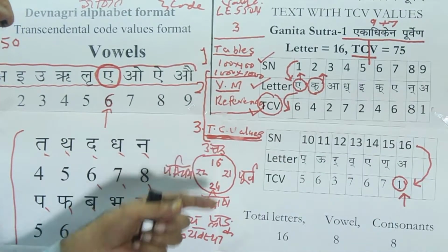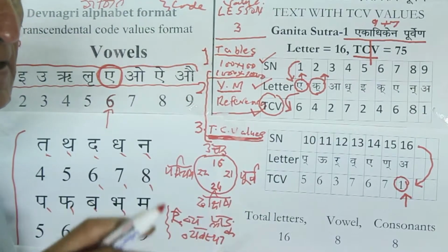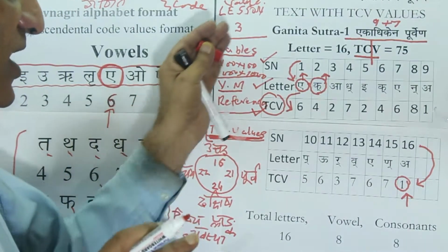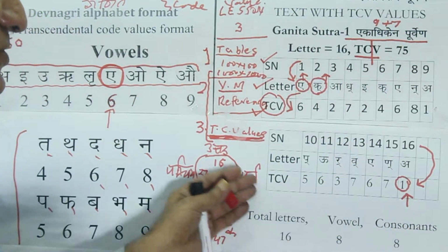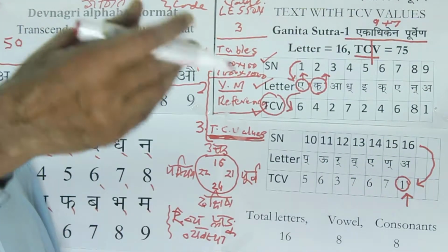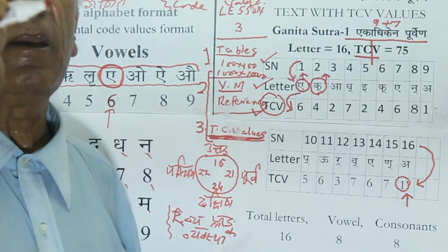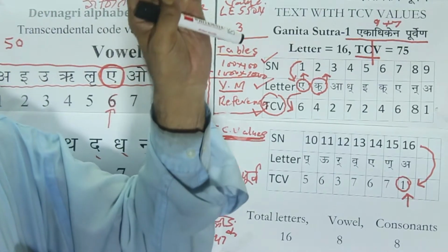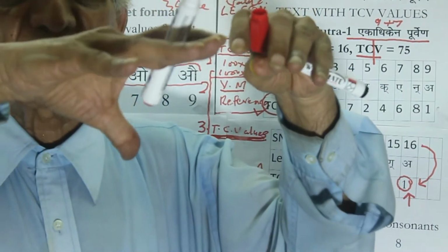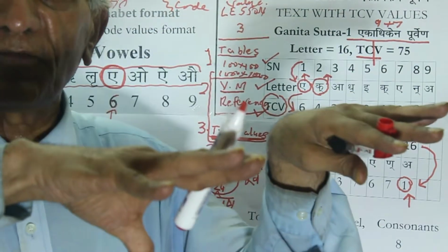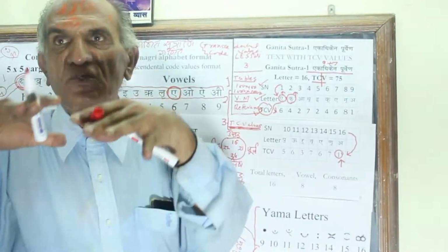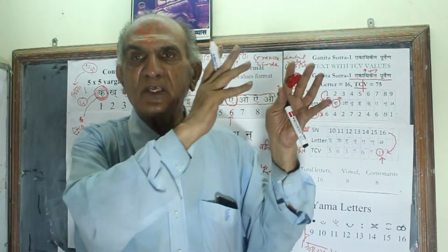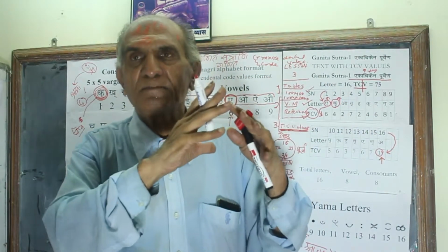And if we are successful with a few attempts, with minor attention, with gentle steps, if we can reach this tabulation for the text of Ganita Sutra 1, and like that for each and every sutra and each and every Upasutra, then really we will have a transcendental format unfolded and tabulated for ourselves, for being face to face with the internal transcendental code values expansion of the mathematical domain of the Ganita Sutras.